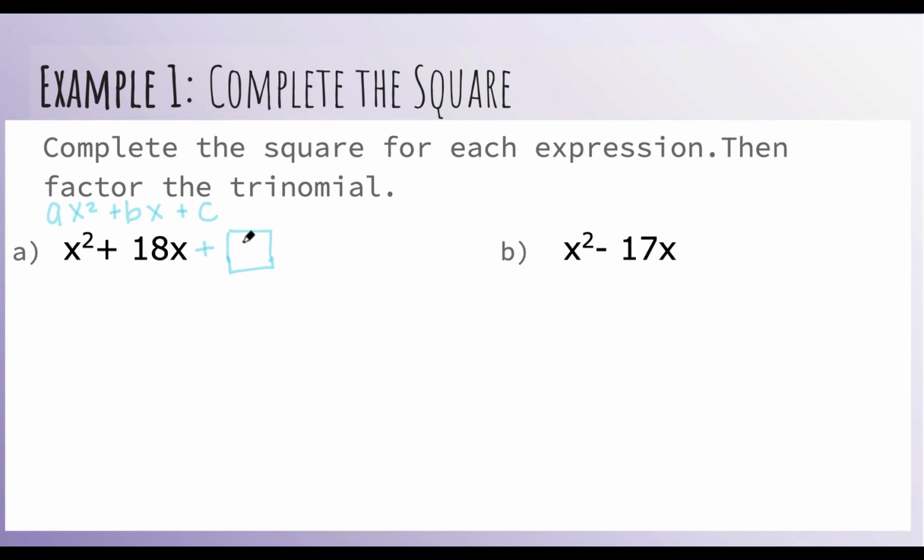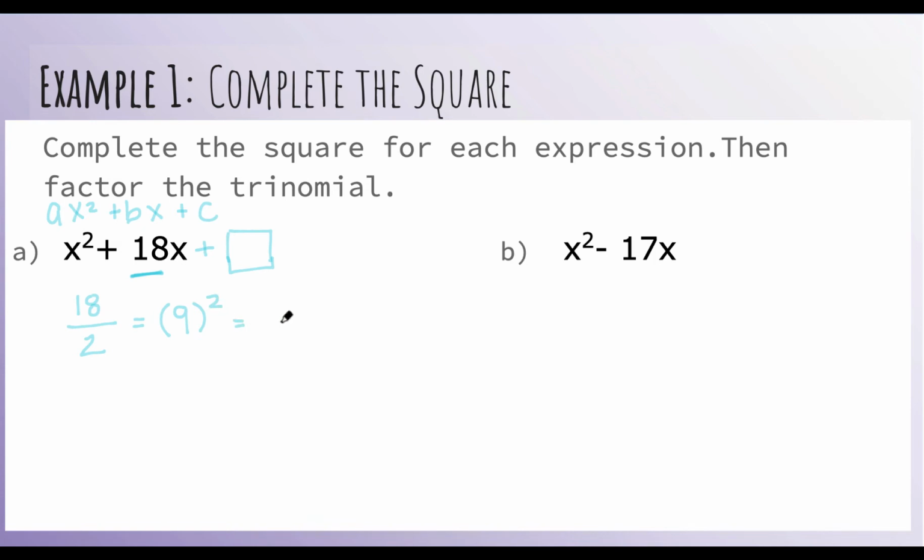What could we add on to this expression that's going to make it a perfect square trinomial? That was a pattern that we've looked at in the past. So the process is, step 1, find b and take half of it. You're going to show every step on your homework, and we're going to do this, 18 divided by 2, which is equal to 9. Then we're going to stick parentheses around the 9, and we're going to square it.